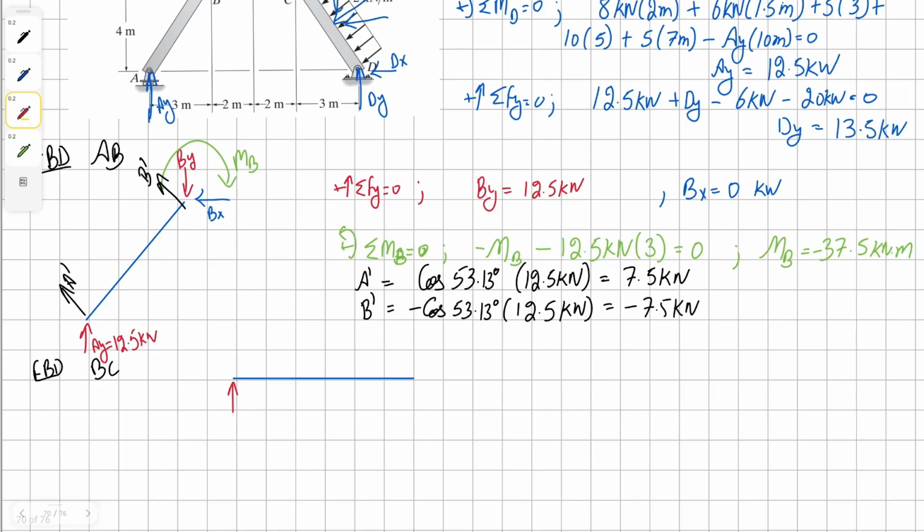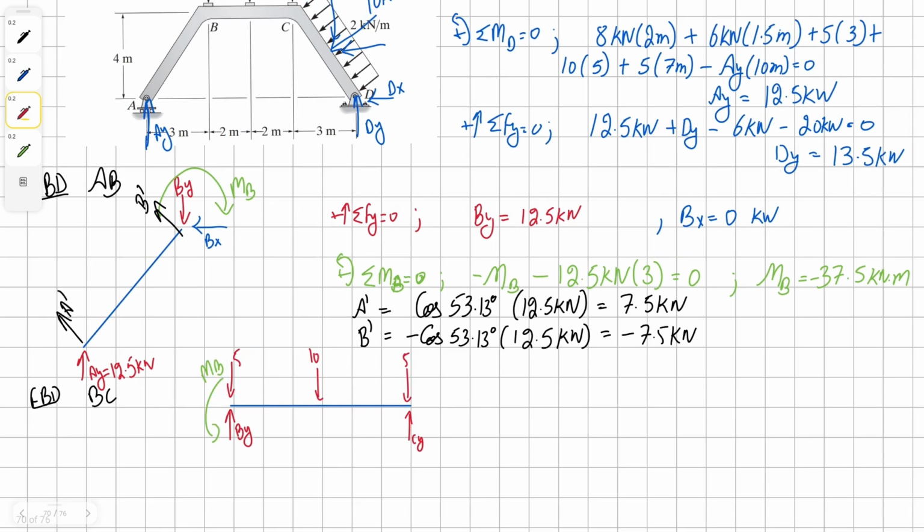Because joint B for member AB didn't have a horizontal force, member BC isn't going to have any force as well. And because point B doesn't have any horizontal force, C as well is not going to have any. Reason being, there is no other horizontal external force acting on this member.